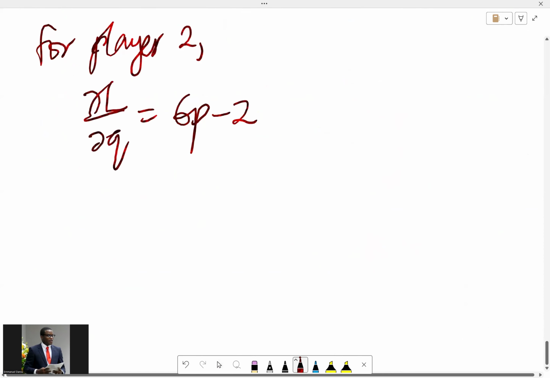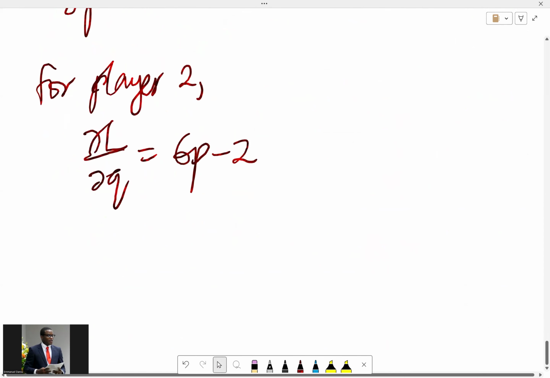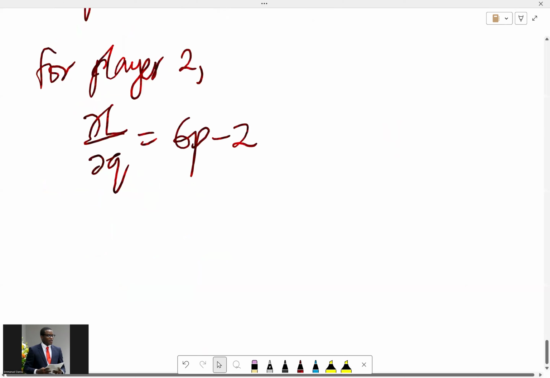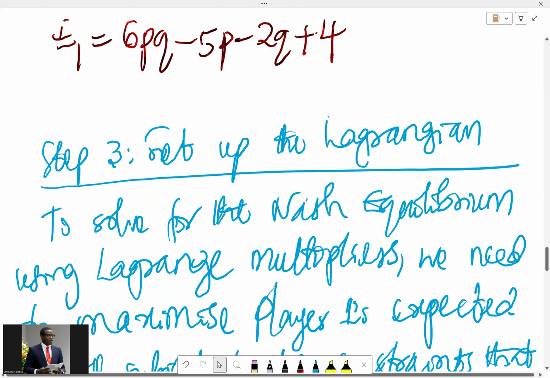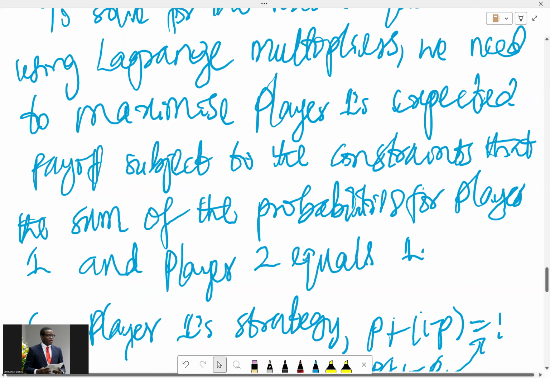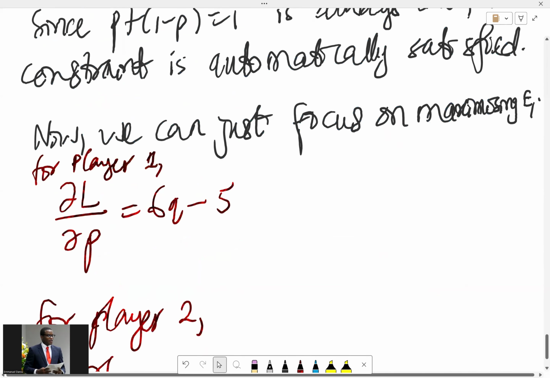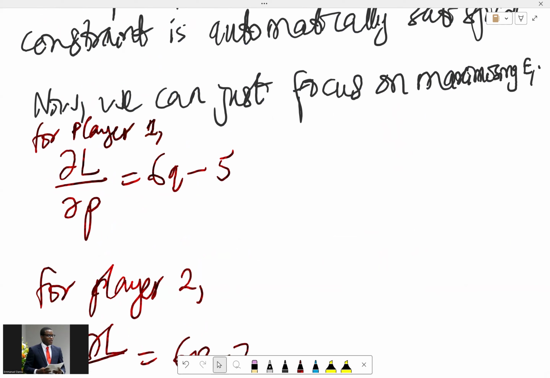So we have these two. So we have set up the Lagrangian, and that's what we've done so far. Let me take all of that to be step 3.